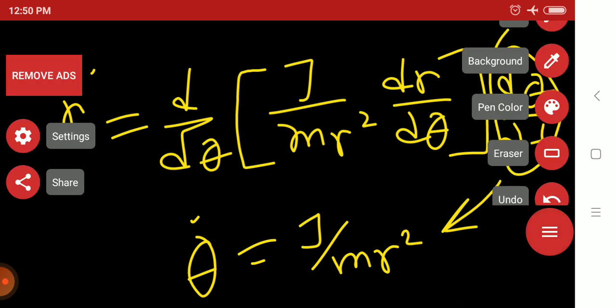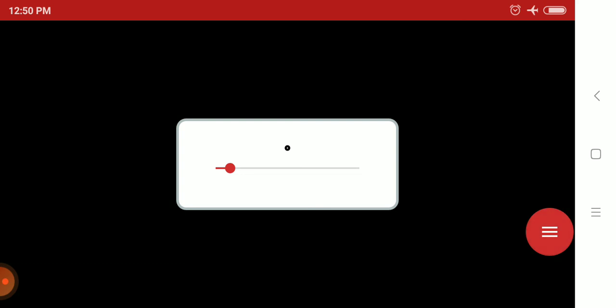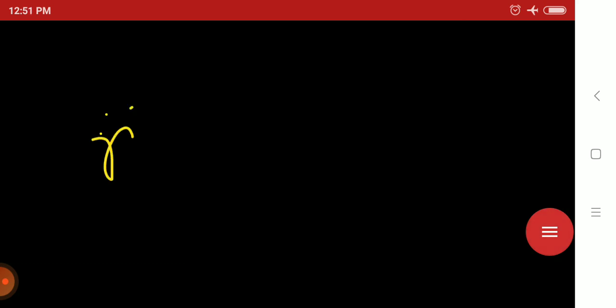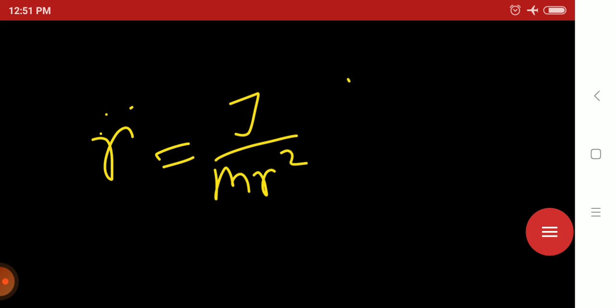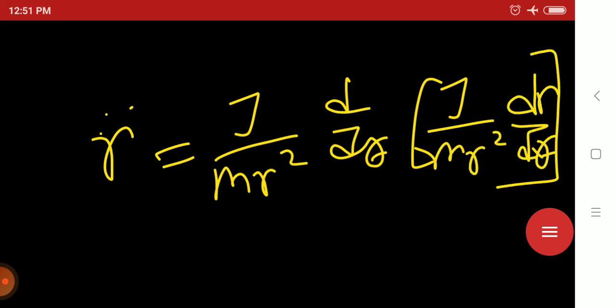So we can write r double dot equals j by mr square dd theta of j by mr square dr by d theta.